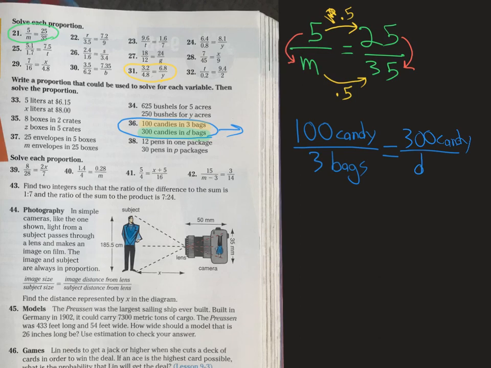Now, here's an example of pretty darn easy. They kind of gave this one away. What's the multiple? So what is D? If you can see it, you don't even have to grab a calculator. It's times 3. So D must be 9 bags.